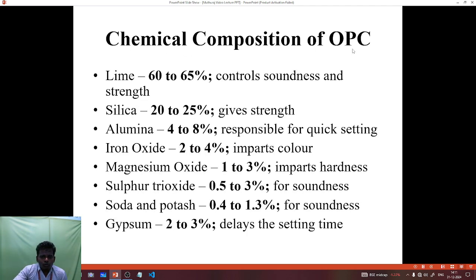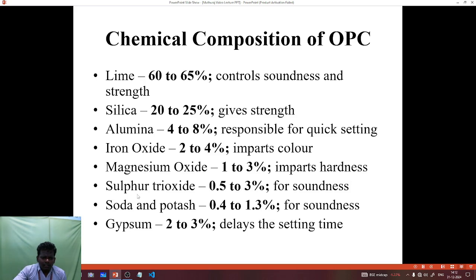Important chemical compositions of OPC are: lime, 60 to 65%, controls the soundness and strength of the cement. When the cement is converted into concrete, the same composition maintains the soundness and strength of the concrete also. Silica, 20 to 25%, gives strength. Alumina, 4 to 8%, is responsible for quick setting. Iron oxide, 2 to 4%, imparts color, mostly ash to red. Magnesium oxide, 1 to 3%, imparts hardness.